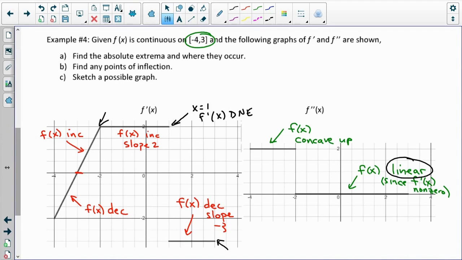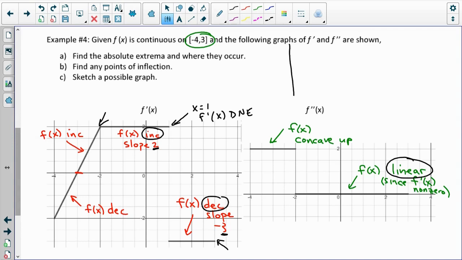But all that means is that I have a critical point. And actually I do have a critical point because notice my function changes from increasing to decreasing. F prime changes from positive to negative.